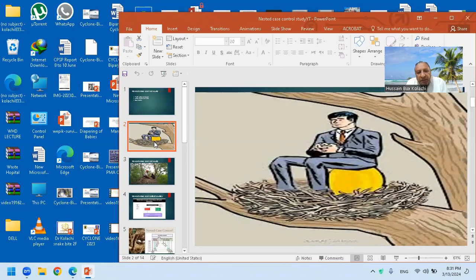Originally the mother of this study is the cohort study. Within that cohort study, after time, a sufficient number of cases are identified. Therefore it is named the nest, just like this person is sitting on the tree. This is the nature of it.